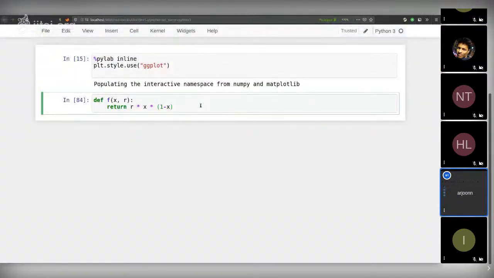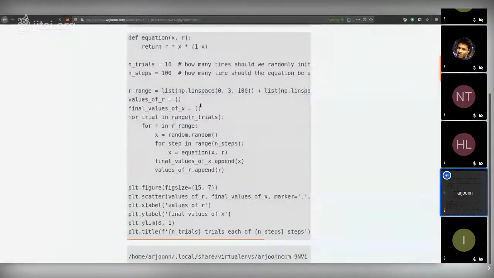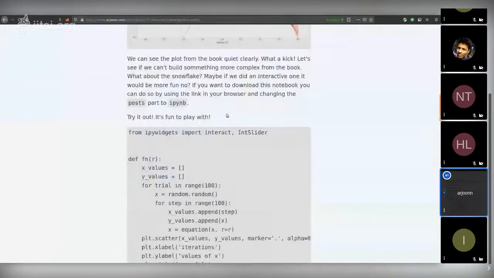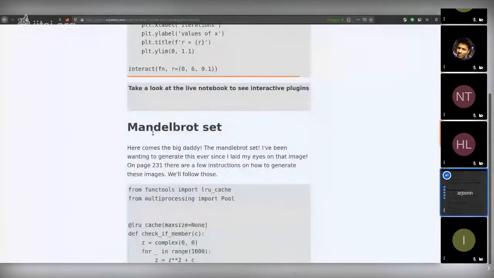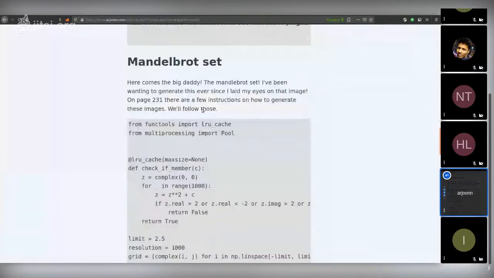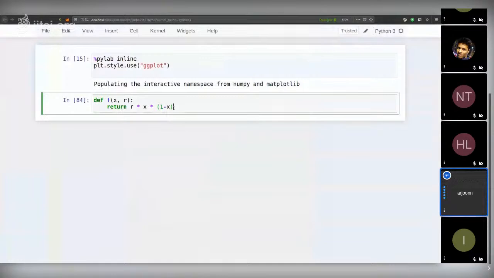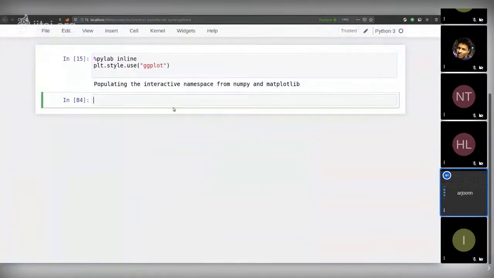Now, where this becomes very interesting is when it meets chaos theory. I'm just going to borrow code from here. So we're moving on to the Mandelbrot set right now, and it's a fairly simple idea.